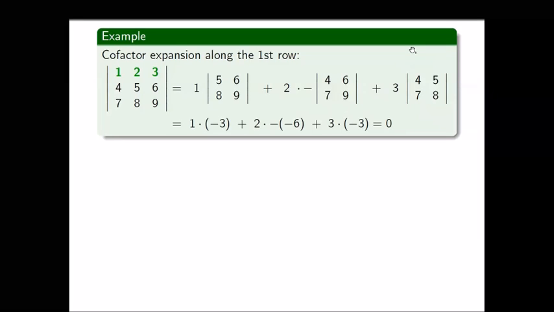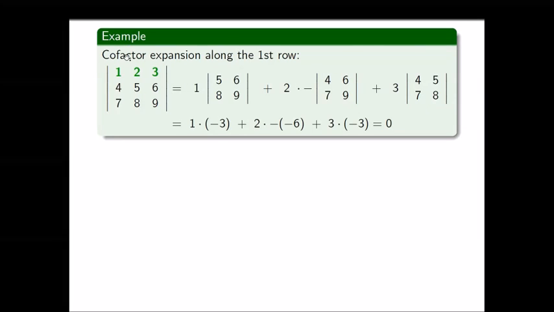So let's look at an example. We're given our very familiar matrix, 1, 2, 3, 4, 5, 6, 7, 8, 9. The cofactor expansion along the first row is going to look like this. We start from the left-hand side and travel along the first row.